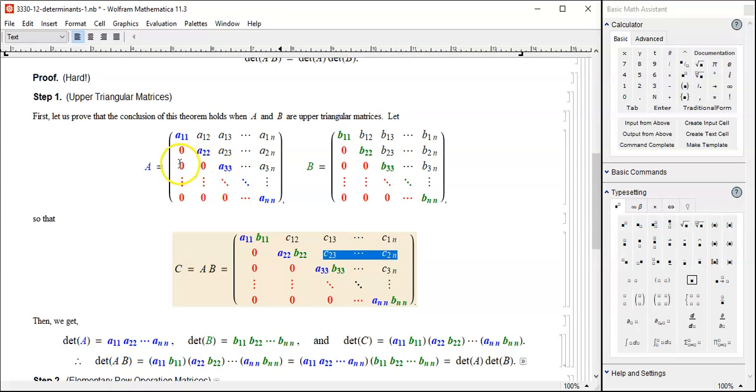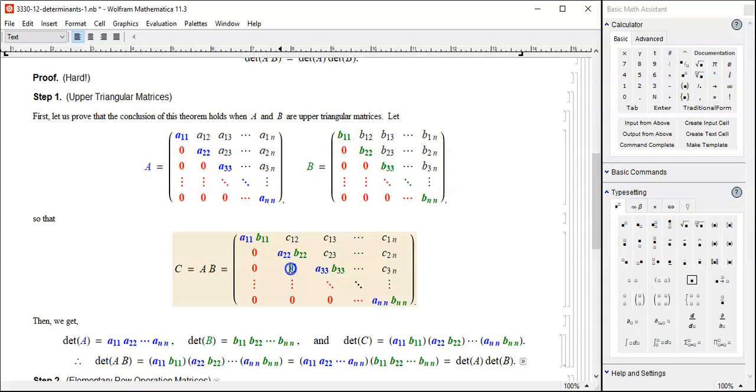Now, how about the third row? Third row, first column. 0 times B11, that's 0. And all 0, so we have 0. How about third row, second column? These two zeros kill off these two non-zeros, and all these non-zeros are annihilated by these zeros.